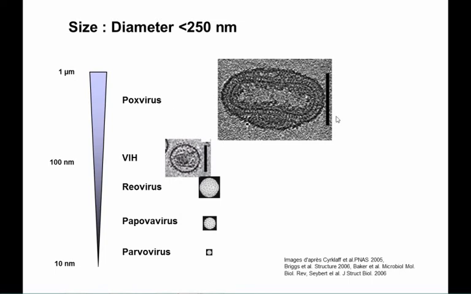The bar here is 200 nanometers. So you can see that it's just less than 250 nanometers in diameter, but maybe 300 nanometers long. And in fact, there are some huge viruses that infect amoeba that are visible by light microscopy. Some are about half a micron across.